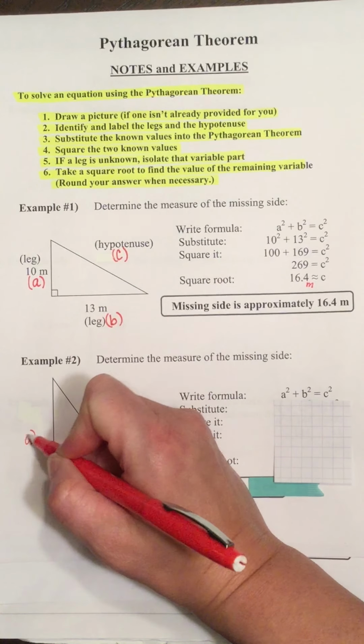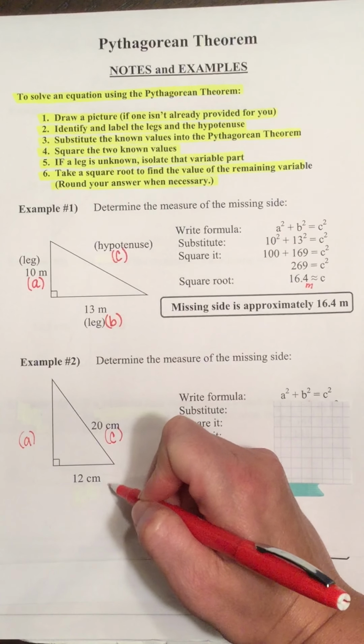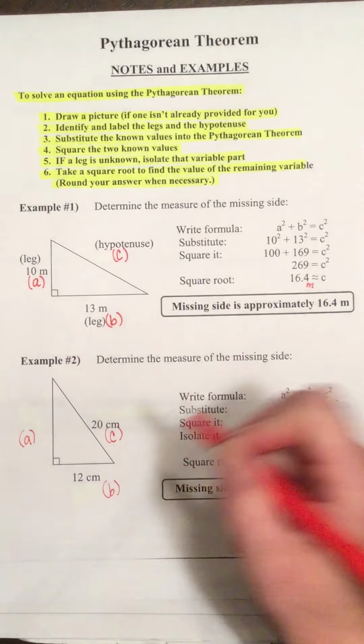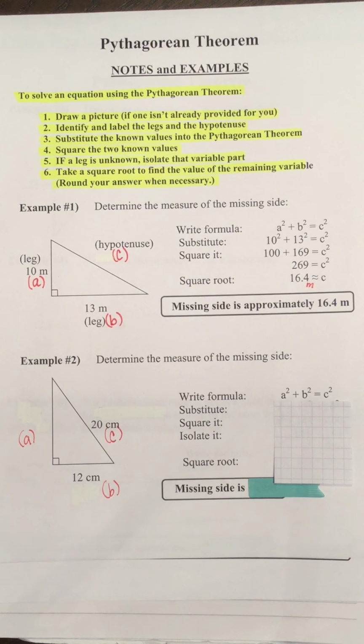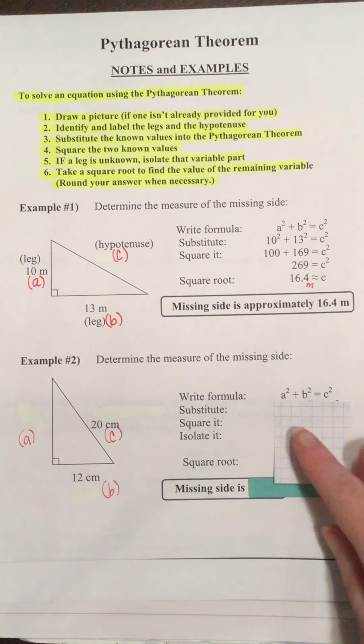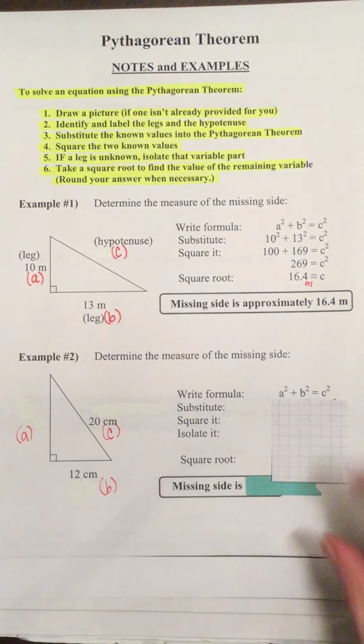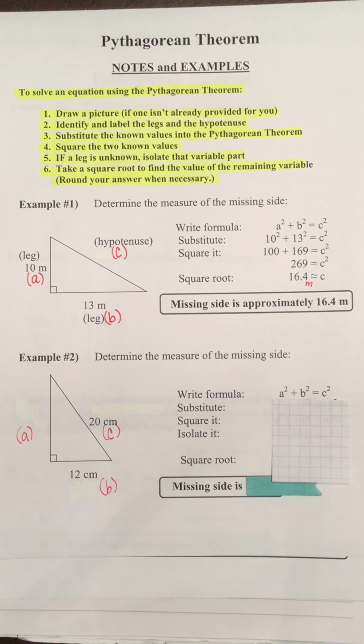I always just put the one that's on the side as A, and the one that's toward the bottom as B. I don't care which way you do it for A and B. Okay, they did it the same as I did.